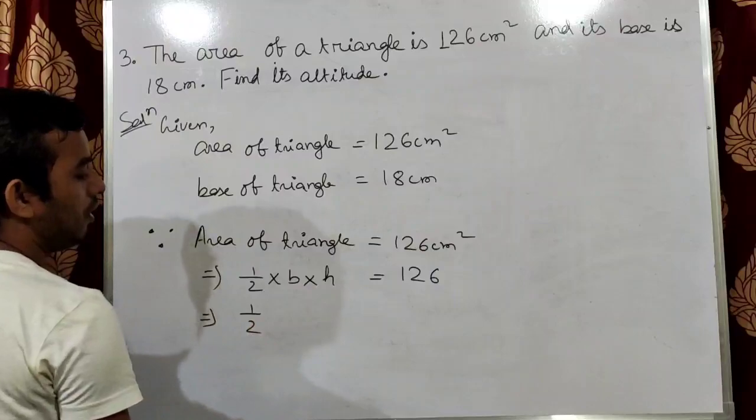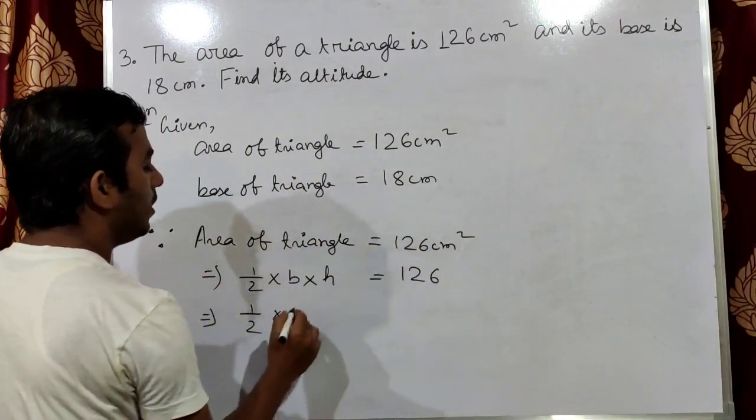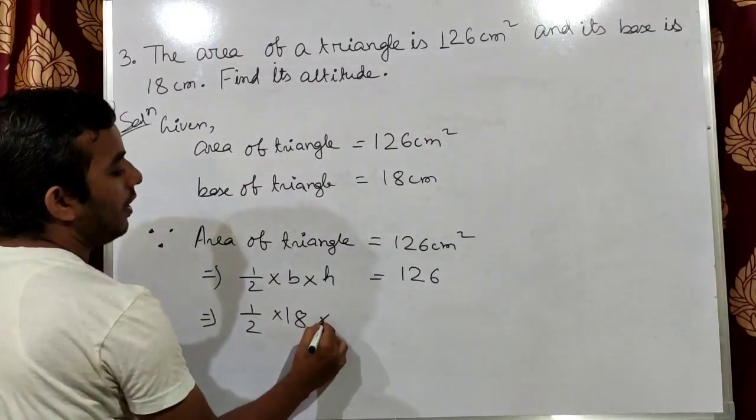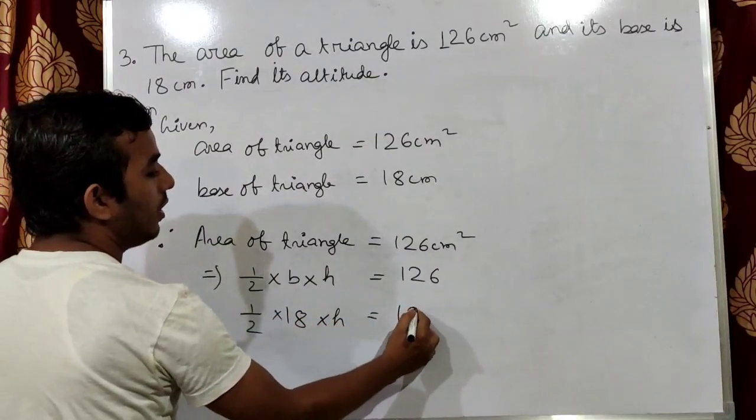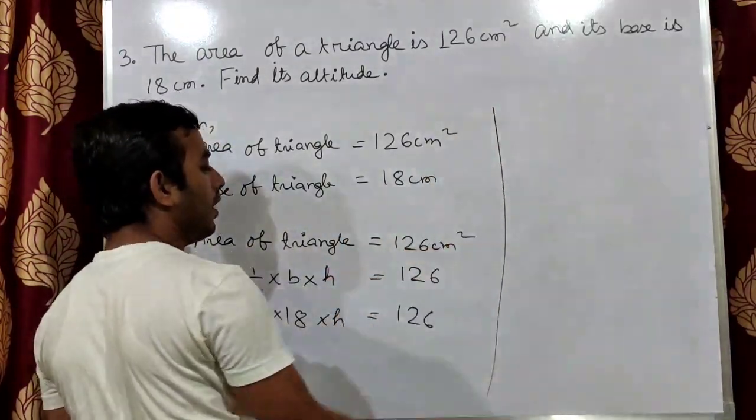So in place of half we will write half, then in place of base of triangle, that is 18, and height equals 126. Clear? Okay, now we will continue here.